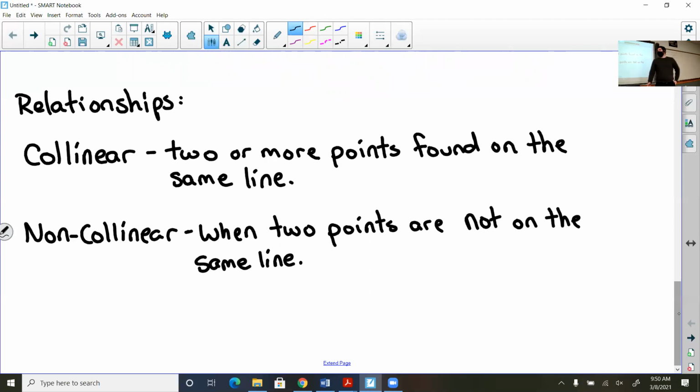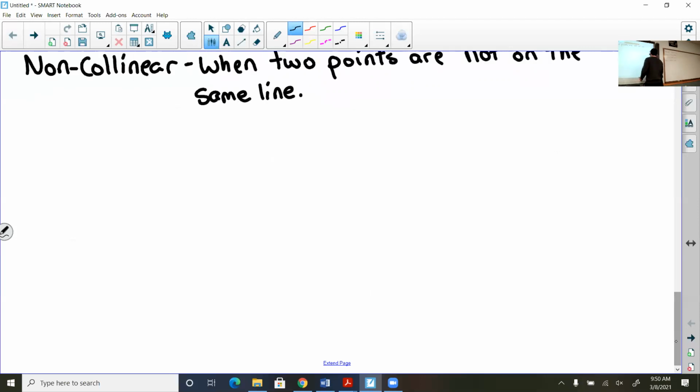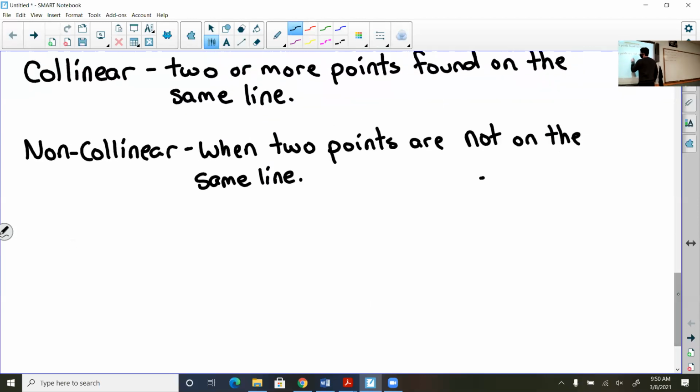So like in the example of our plane ABC, A and B may be found on the same line. And I'm going to go ahead and redraw that example, just because I don't want to scroll up without people having the words.